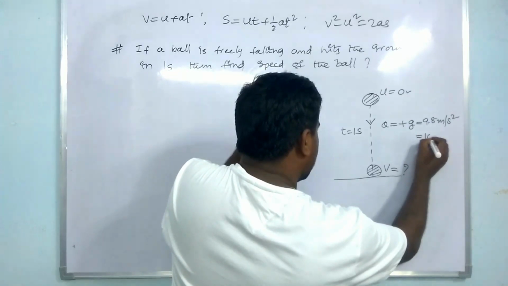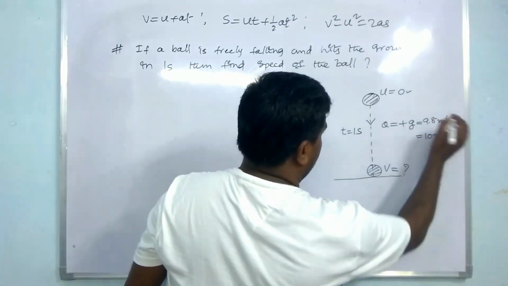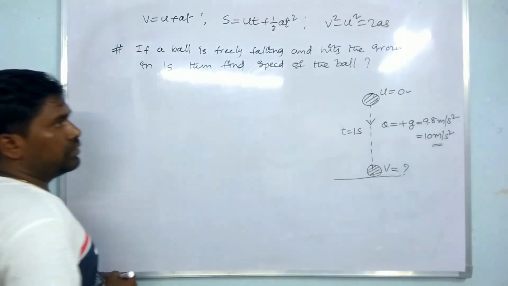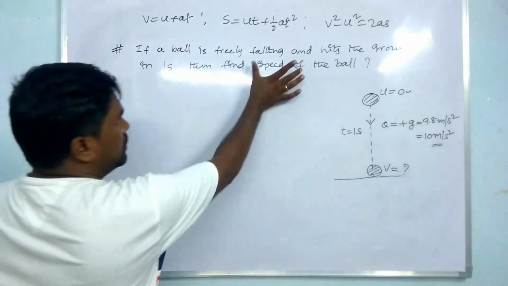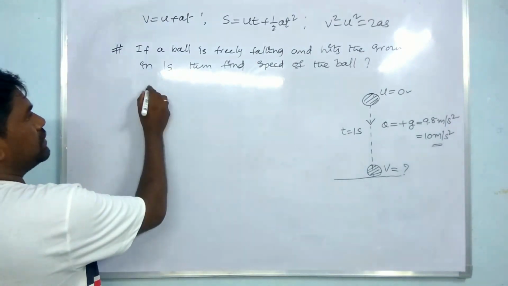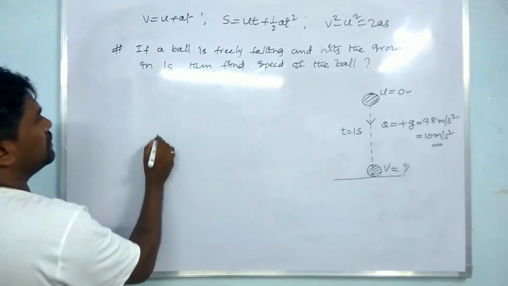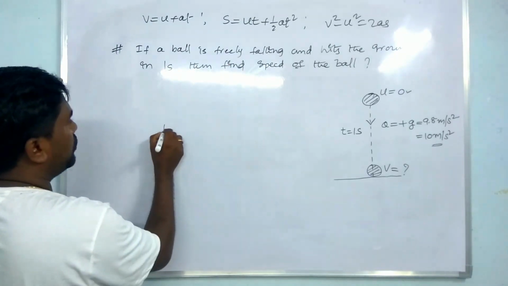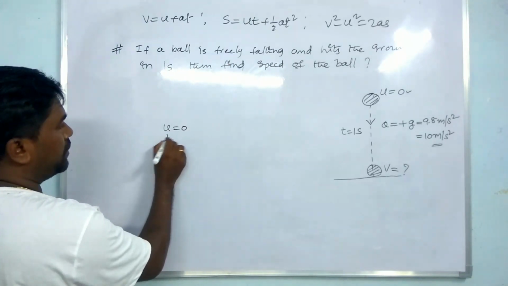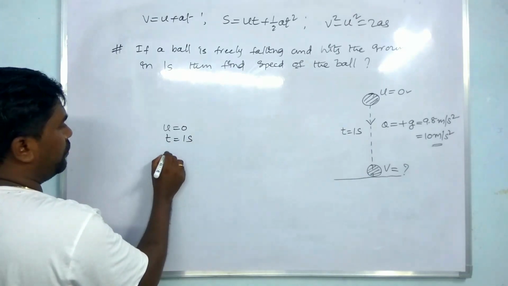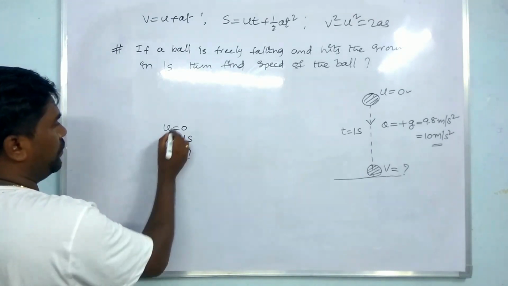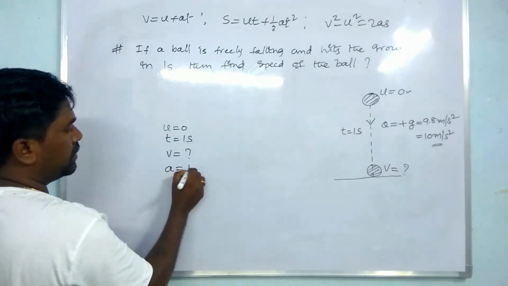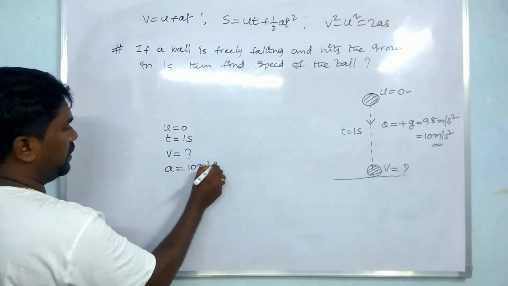We take it as 10 meter per second square here. So the terms are u equal to 0, time t equal to 1 second, velocity v is unknown, and a is equal to 10 meter per second square.